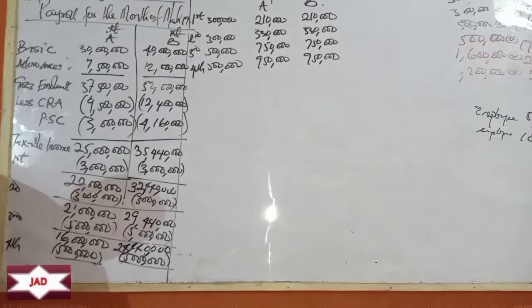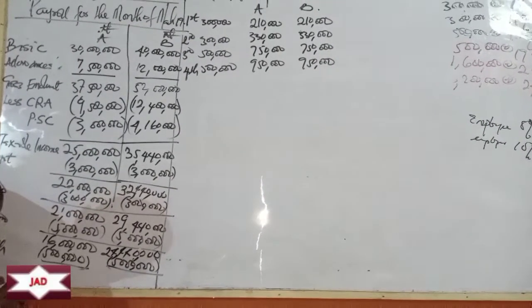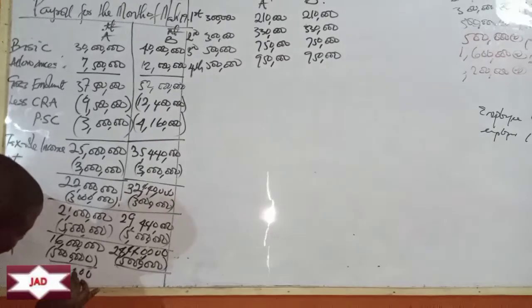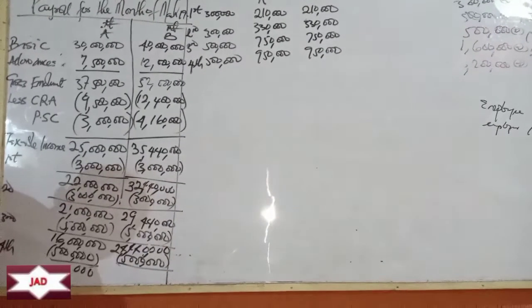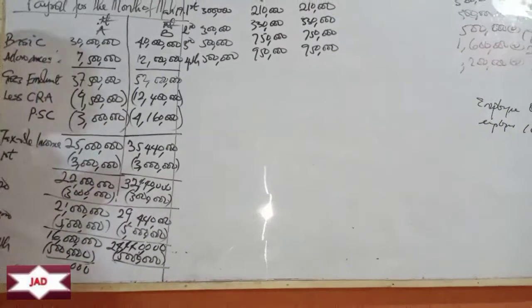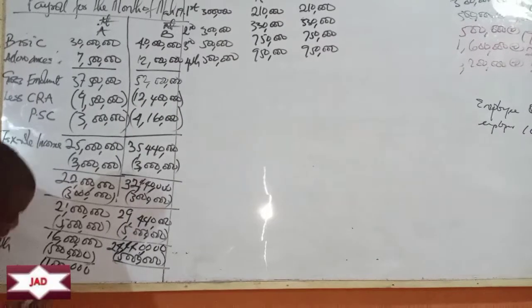Is it 11? 16 million minus 5 million. 16 minus 5 is 11 million, right? So we have 11 million.